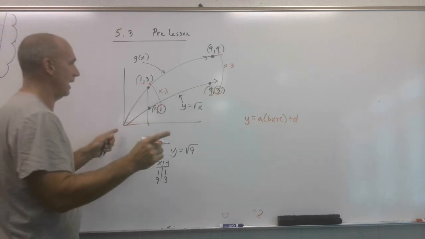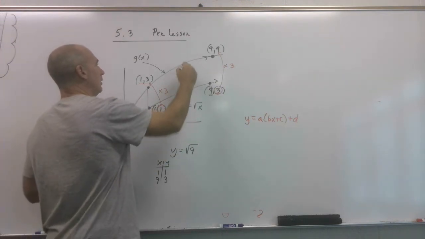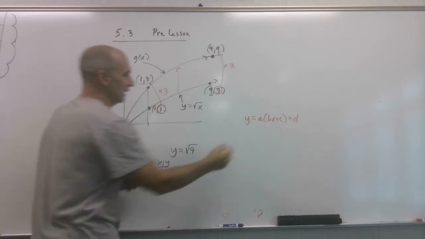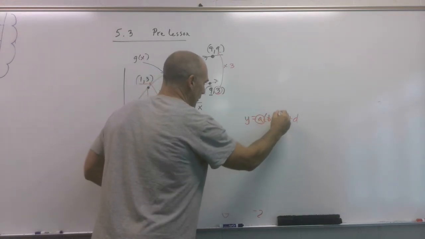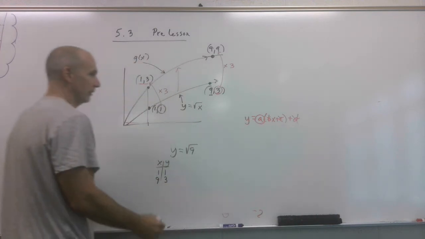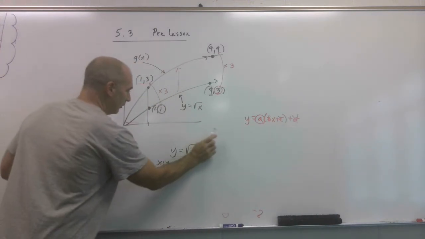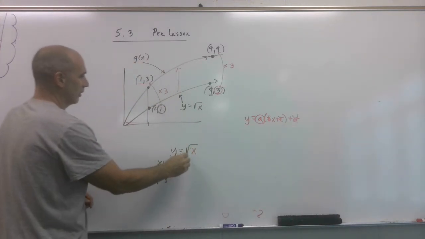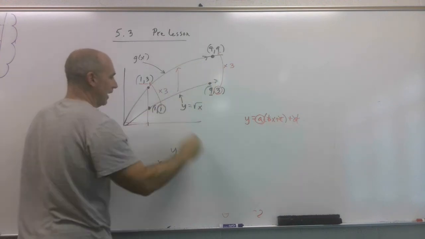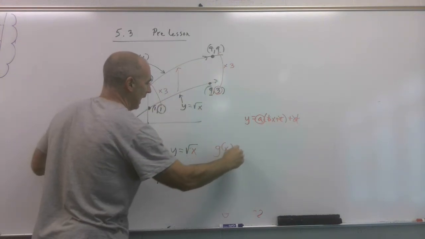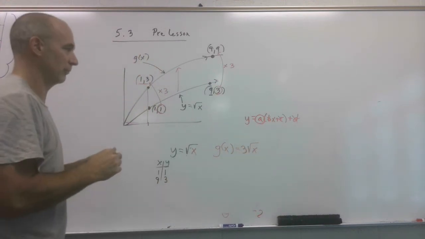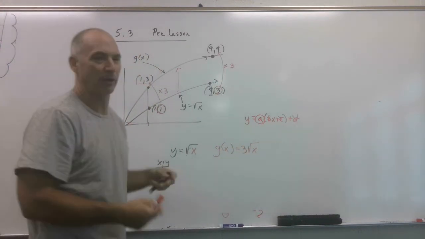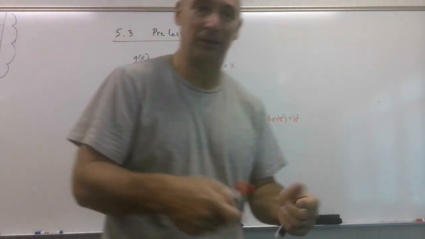So we're like, aha, there's been a vertical stretch factor of 3, which means our A. So you don't need to worry about B, don't worry about C, don't worry about D. The only thing we're worried about is A. So if the parent function is y equals the square root of x, then g of x has to be 3 times the parent function. So there's a vertical stretch of 3. You can just see it. You've got to dig a little, but it's there.